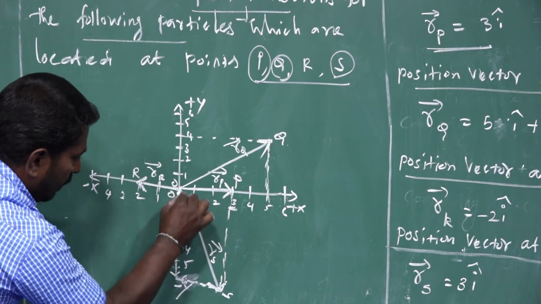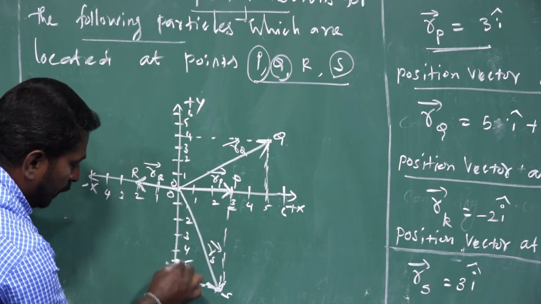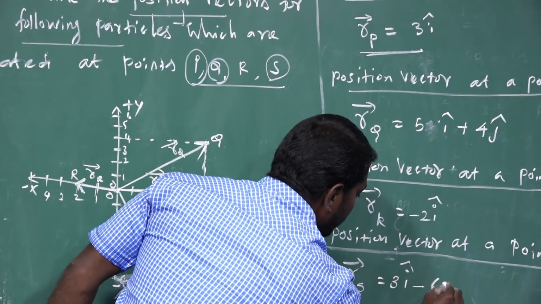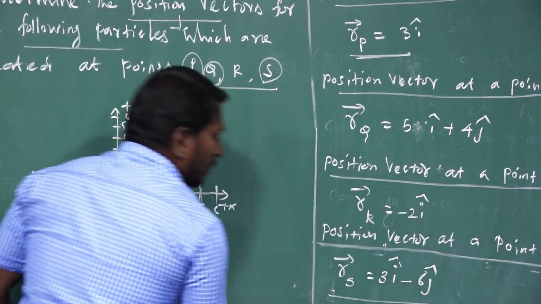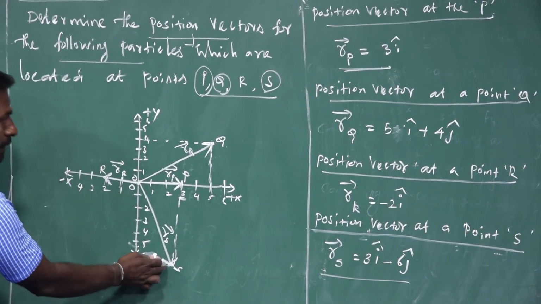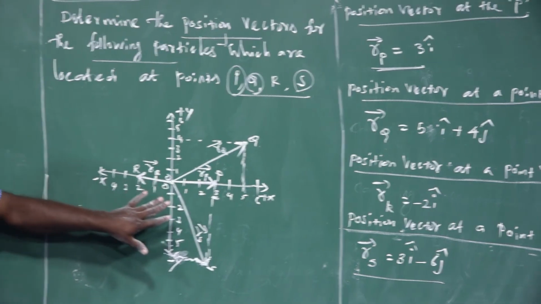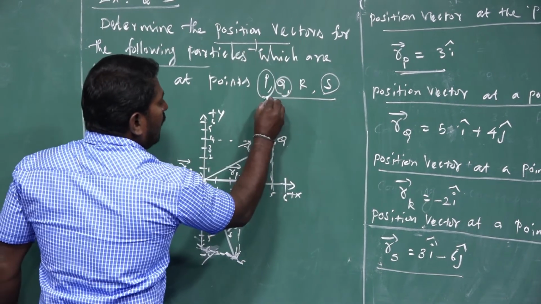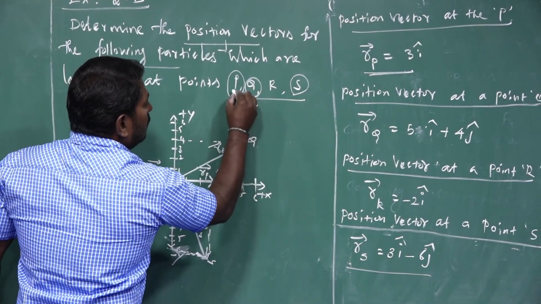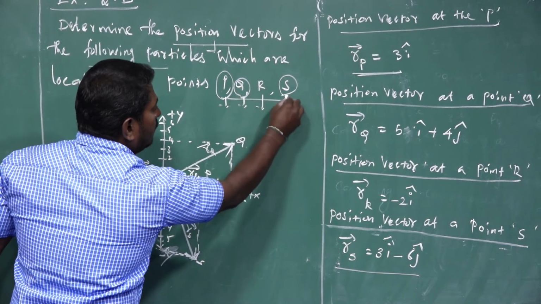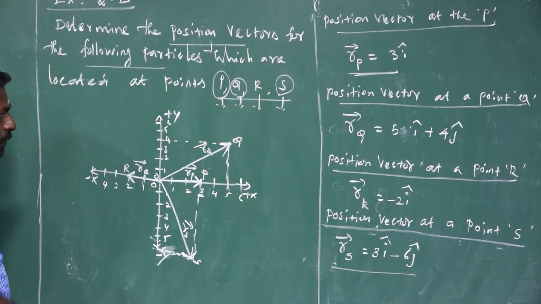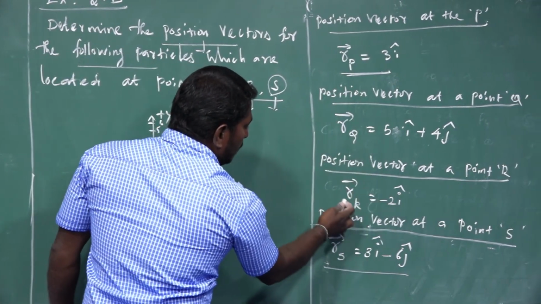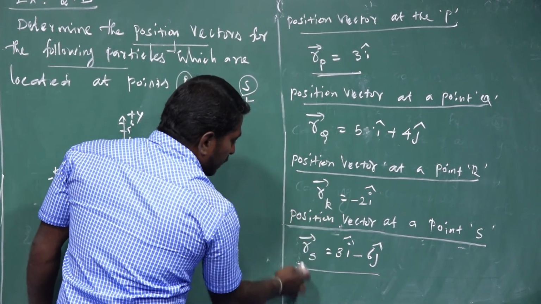Next 1, 2, 3, 4, 5, 6, so minus 6 j cap. This is the position vector at point S. So from this graph we find the 4 position vectors, at point P, point Q, point S and point R. So there are 4 position vectors: RP vector, RQ vector, RR vector, then RS vector.